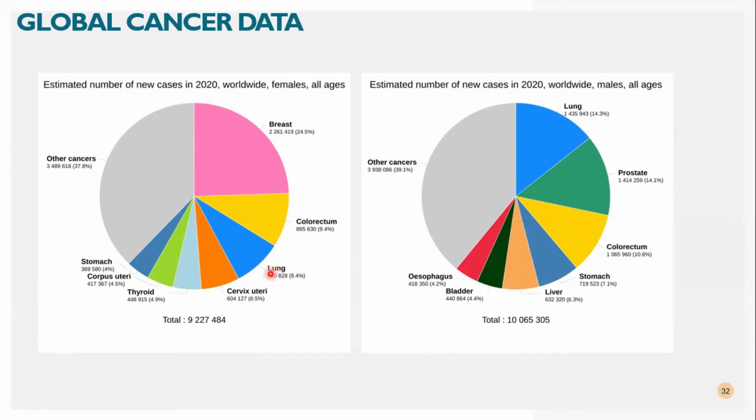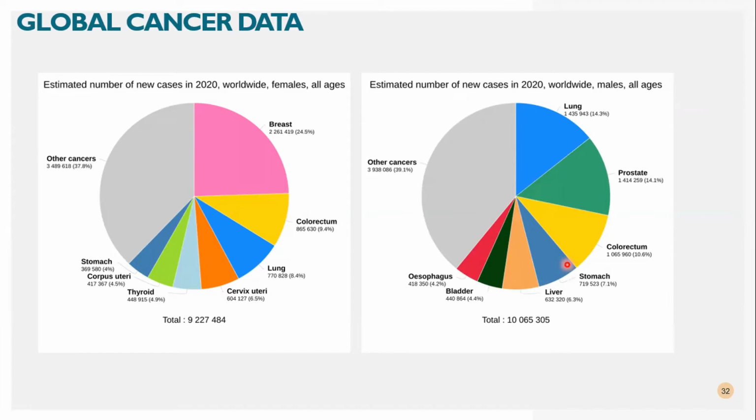Then colorectal, lung, and cervical cancer are the top ones. Similarly for males of all ages, it is lung, prostate, colorectal, stomach, and liver. And how do we do that? There are various panels which you can utilize for screening all these. In the Indian perspective, the 6 common cancer types are breast, oral, cervical, lung, stomach, and colorectal.